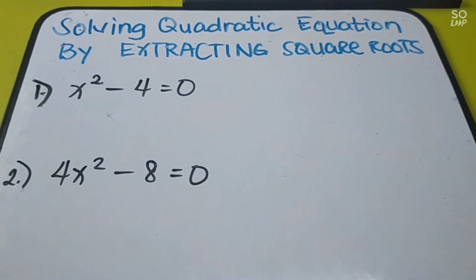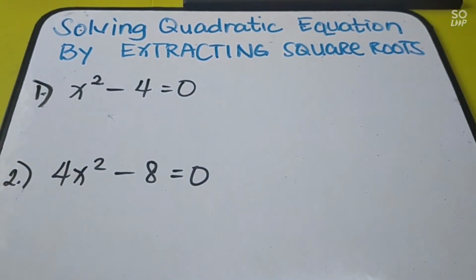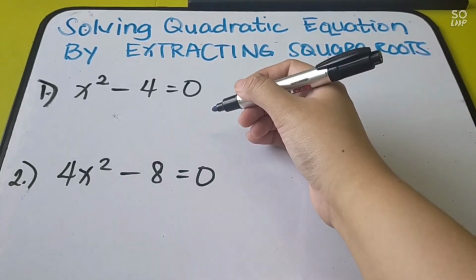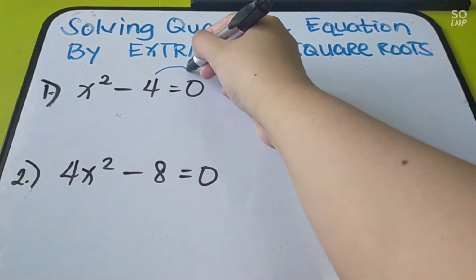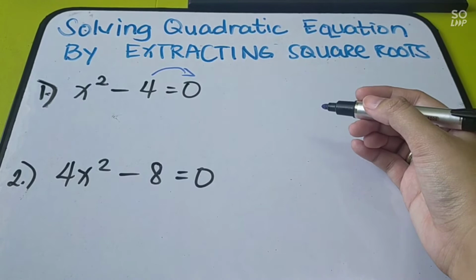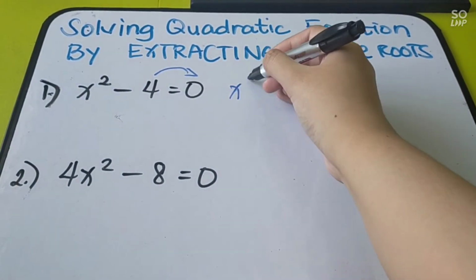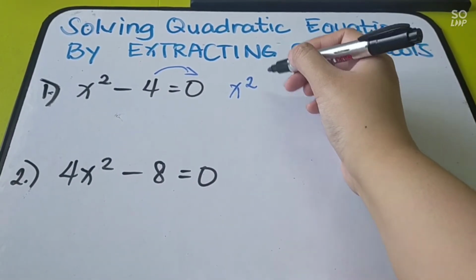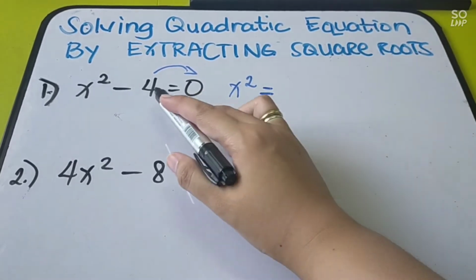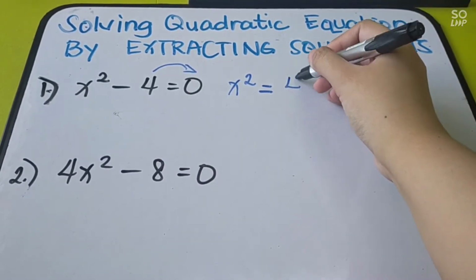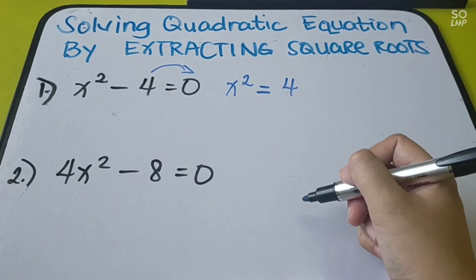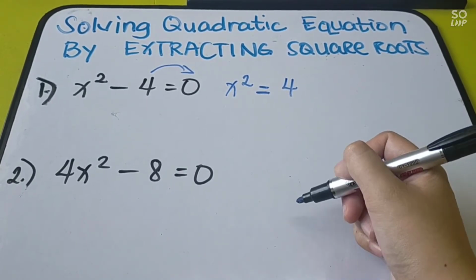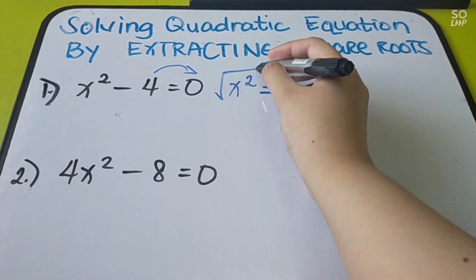But how? So, if your given is like this one, you are going to transpose the constant term to the other side. So, we have x squared, just copy x squared, then it is equal to, si negative 4 becomes positive 4. So, 0 plus 4 is positive 4. And then, afterwards, you are going to square root both sides.